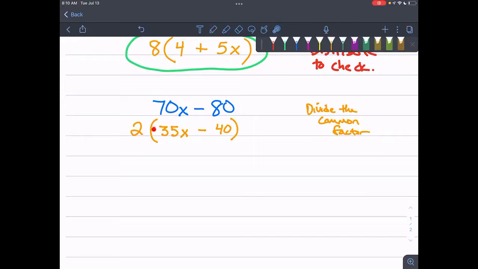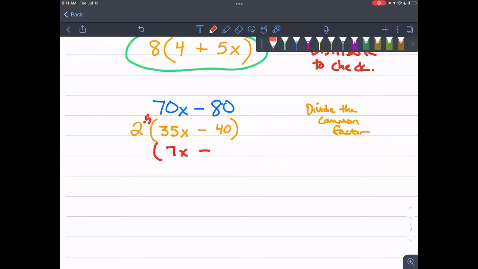So the only problem with this as a final answer is 35 and 40 have something in common. Anybody know what that is? 5. So that would mean that you didn't take out the largest thing. You can go a little bit further and take a 5 out. If you do take a 5 out, that means you're multiplying 5 on the outside and then dividing the 35. That becomes 7.